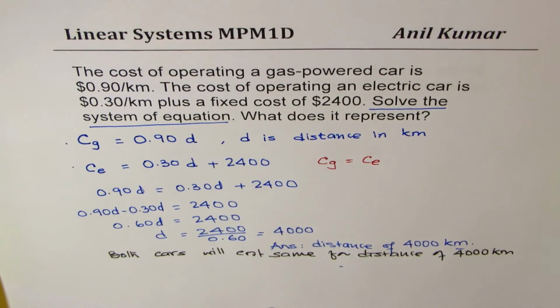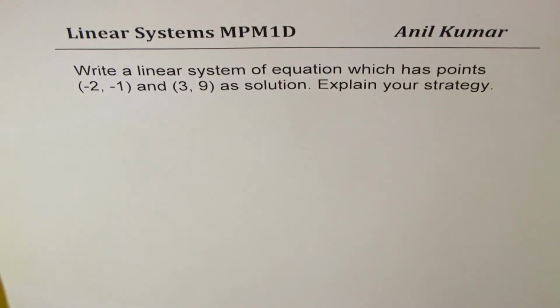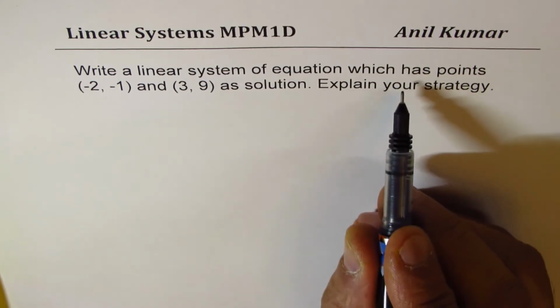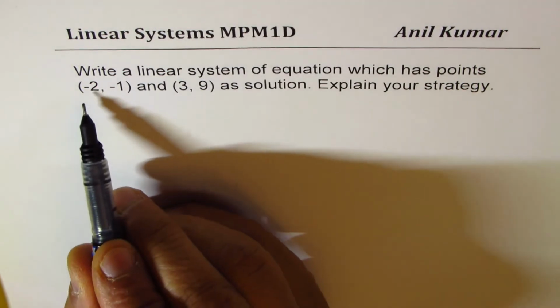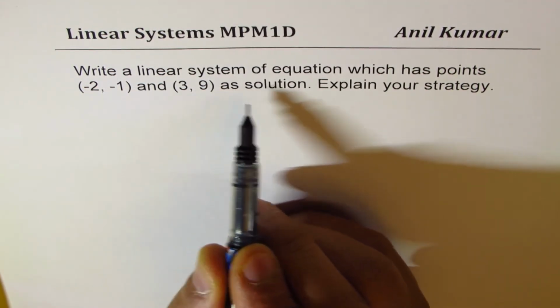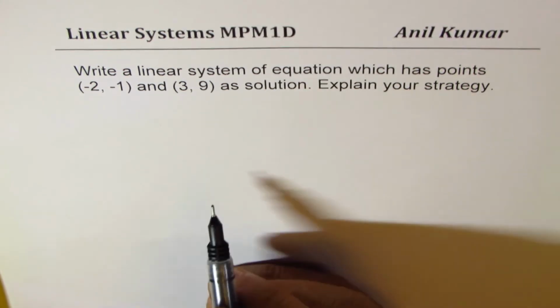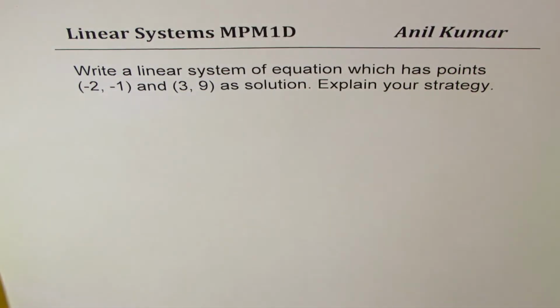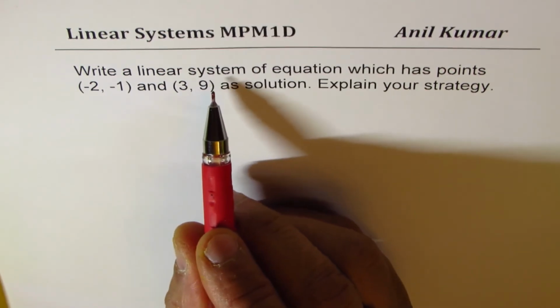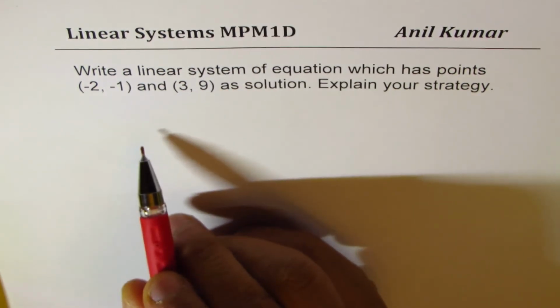Now, based on the similar concept, I have added one more question in this, which is: write a linear system of equations which has points -2, -1 and 3, 9 as solution. Explain your strategy.